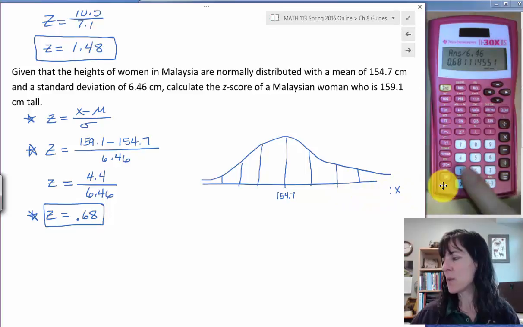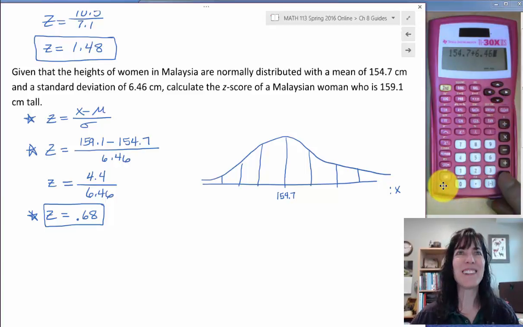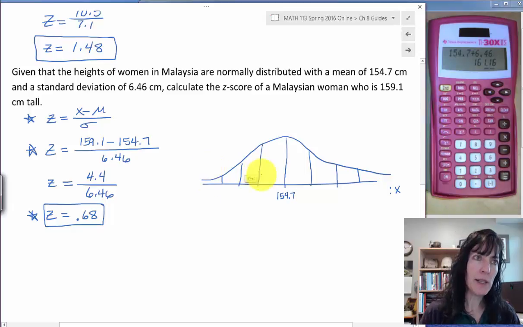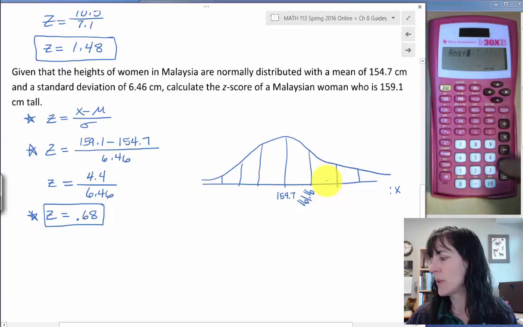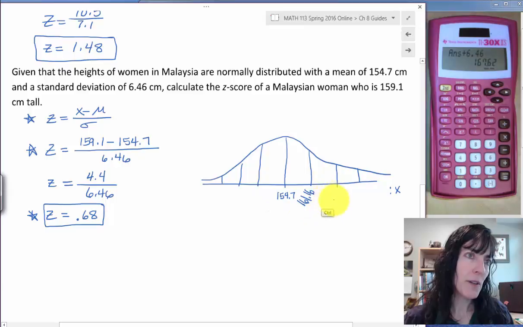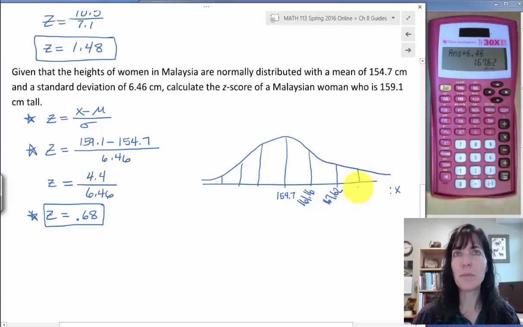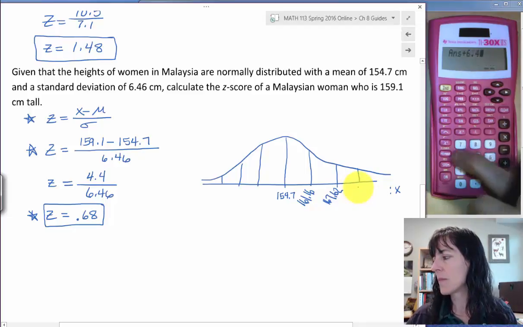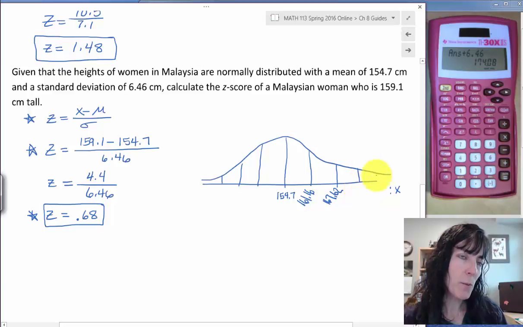I know I'm going up, so 154.7 plus 6.46, and I get 161.16. And plus 6.46 again, 167.62, and 174.08.